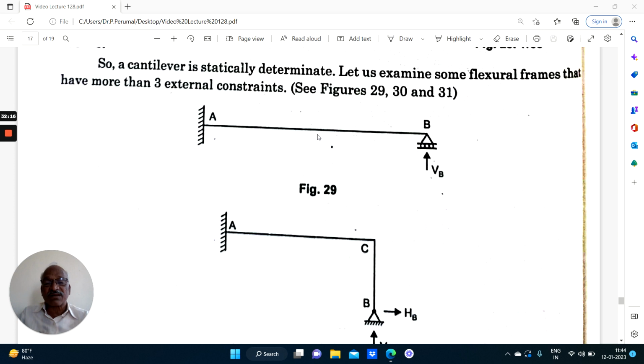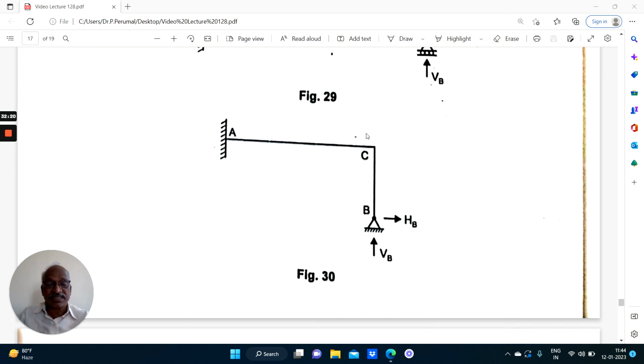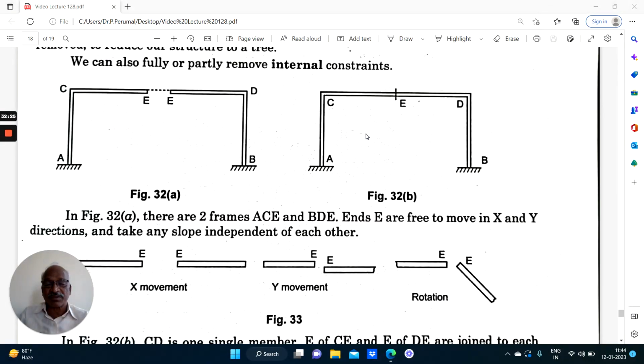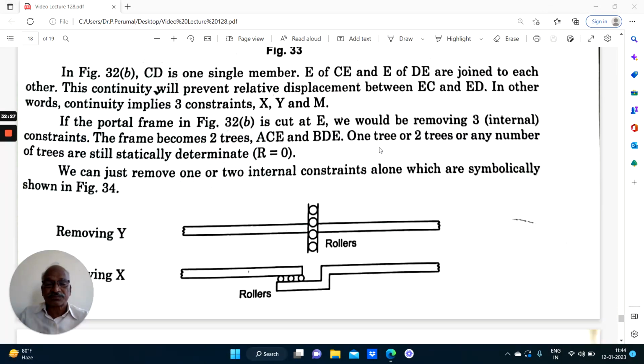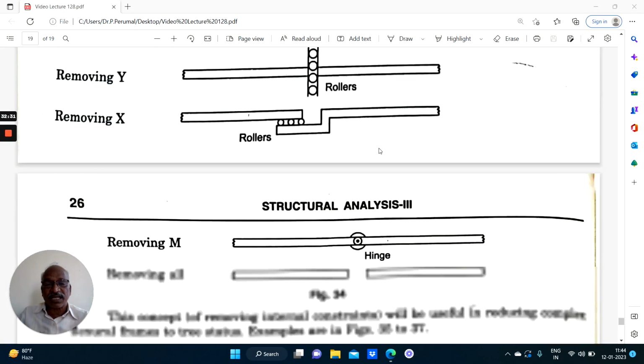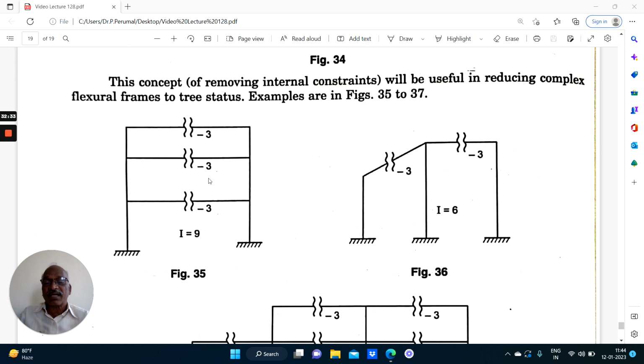Now, instead of taking this simple example, we will take another case for tree example. Now I will come to this a little later. Right now, let us take a portal frame. 3-story portal frame, single bay.